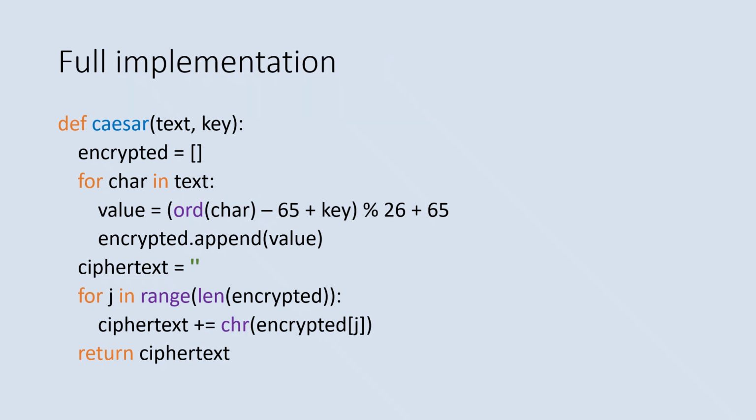Okay, so you took some time, you got some things to work, and so now we have the code in front of us, and we are going to modify this now so that it works for all of the printable characters numbered 32 to 126. Okay, so what's going to happen?